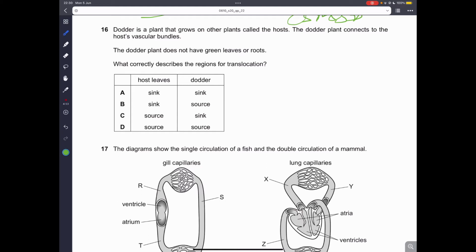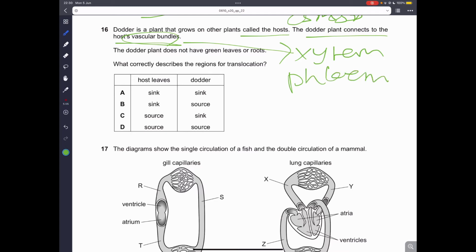Question 16. Dodder is a plant that grows on other plants called the host. The dodder plant connects to the host's vascular bundles. Remember, vascular bundles are made of two parts, the xylem and the phloem. The dodder plant does not have green leaves or roots, so it does not photosynthesize, which correctly describes the region of translocation.